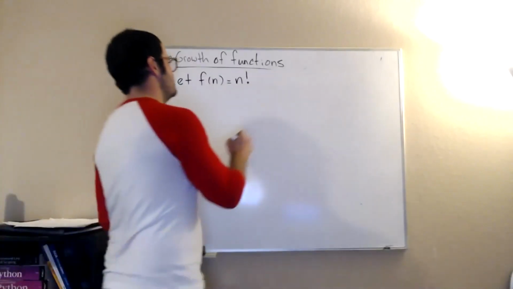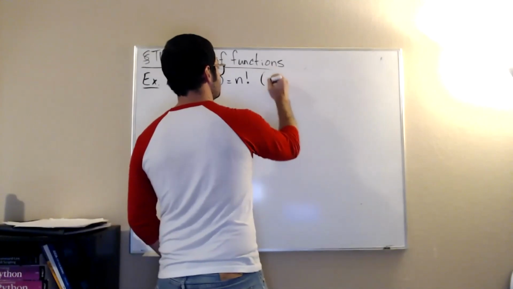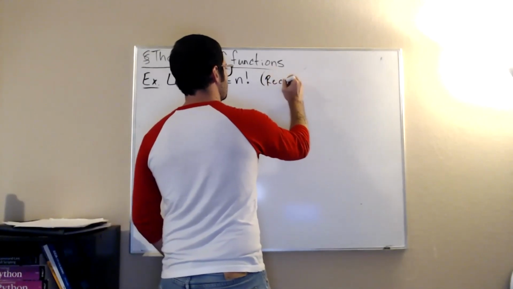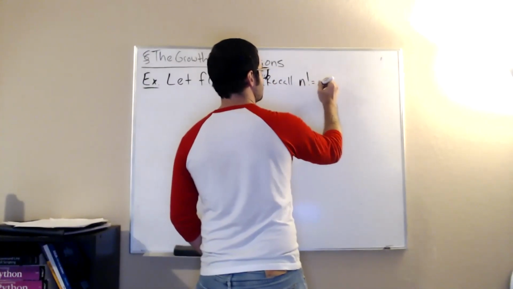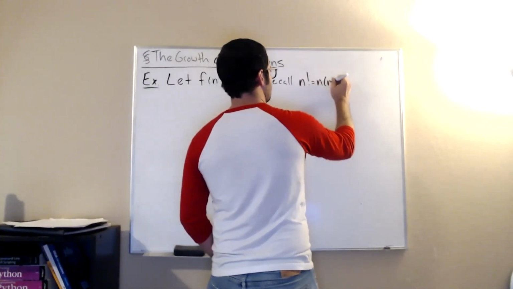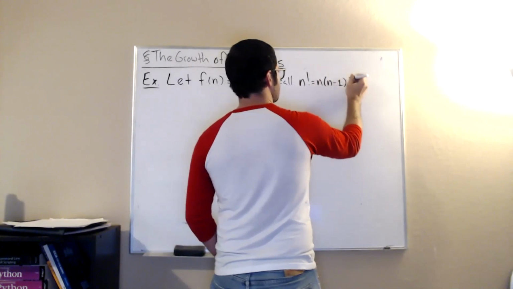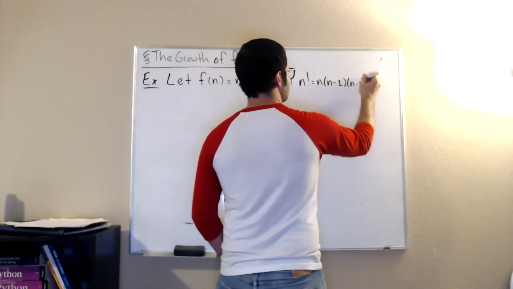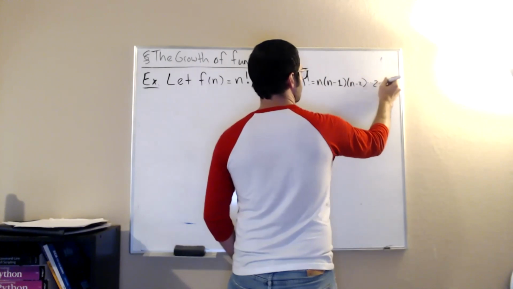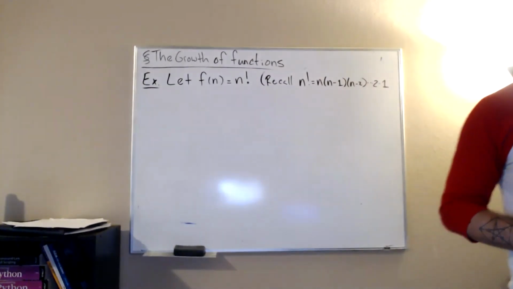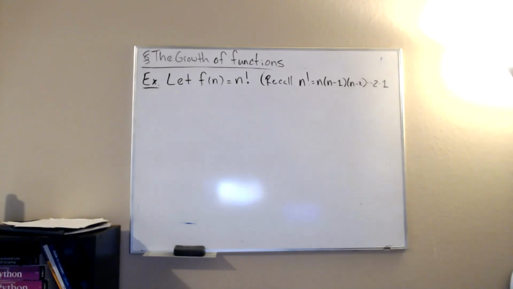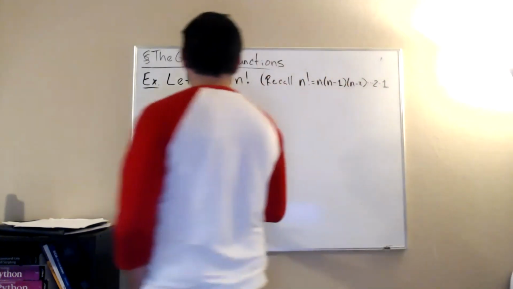So recall, n factorial is equal to n times n minus 1 times n minus 2 dot dot dot times 2 times 1. And 0 factorial is defined as 1.